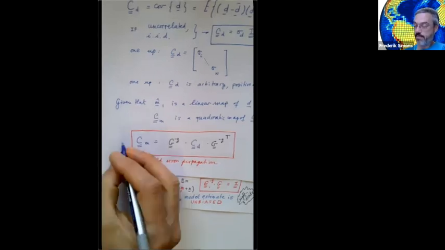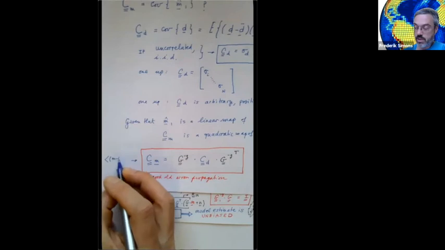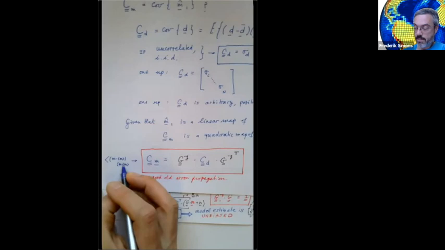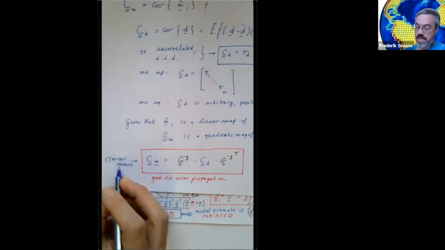This thing, the covariance matrix of the model parameters, I better do it like this, is going to be, just by the definition, the expectation of M compared to its expectation as a product. Okay, I'm just writing the definition of what covariance means.